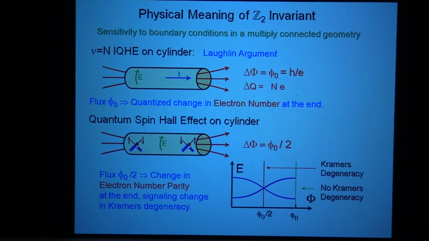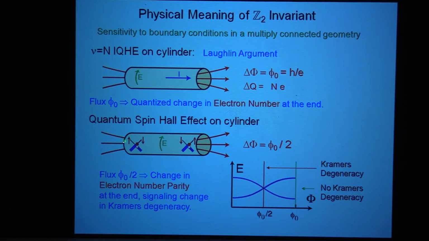Okay? So now let's imagine that I wrap this quantum spin Hall effect on the cylinder. I can think of it as having two copies of the quantum Hall effect, +1 for the up spins and -1 for the down spins. And I want to think about a similar sort of flux threading Gedanken experiment.